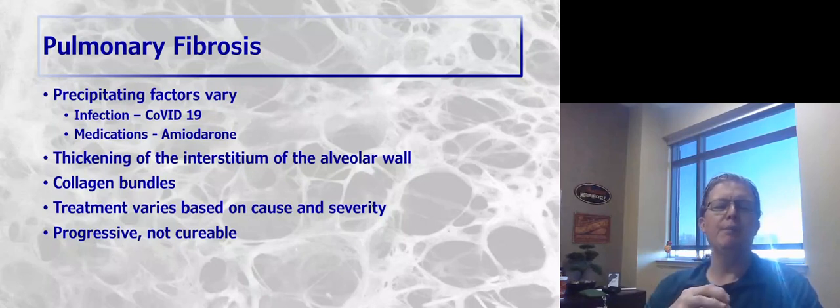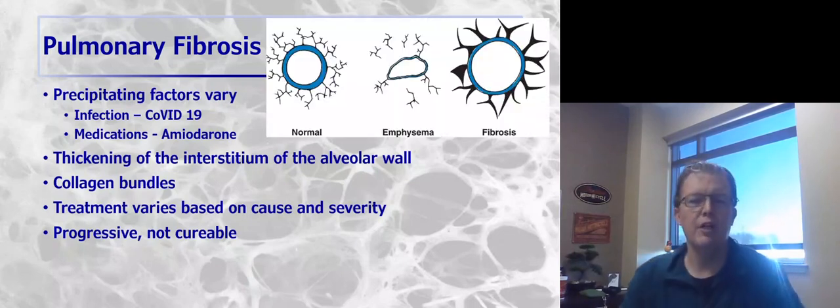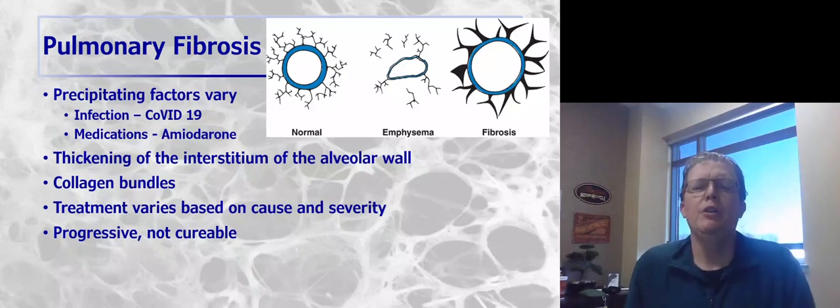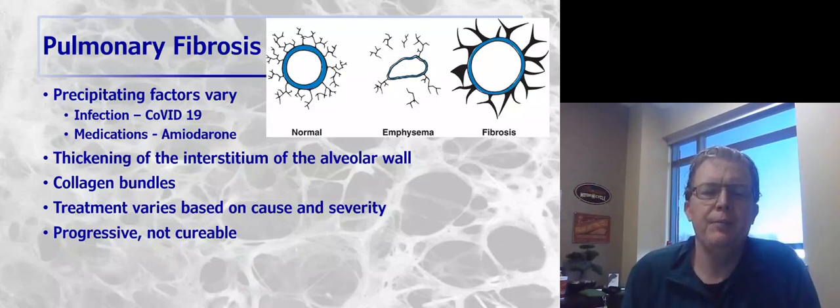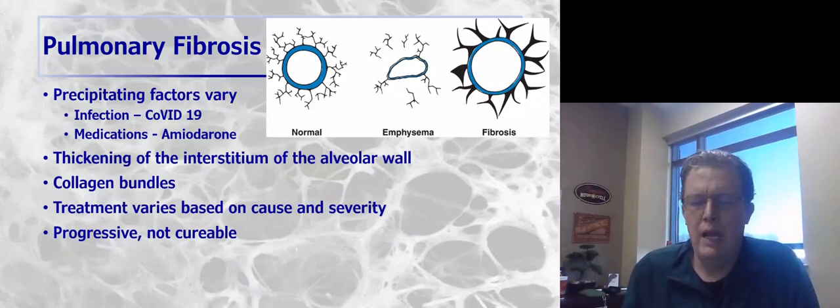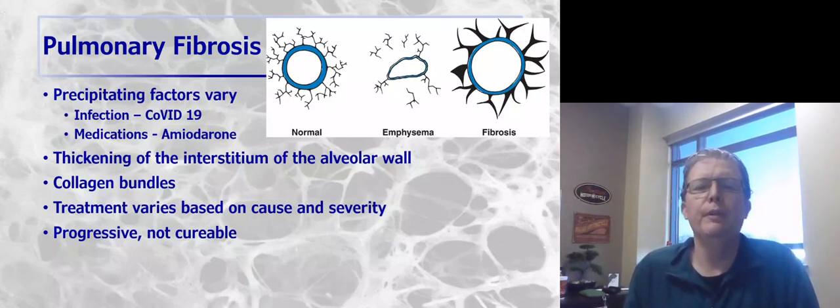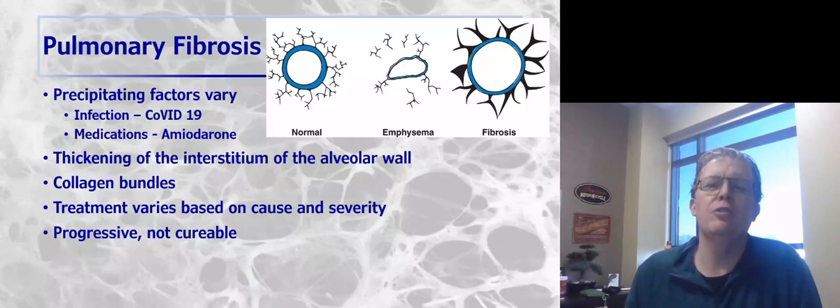And the treatment is going to vary here based on the cause and the severity, how we proceed. And it is a progressive condition and there's no cure. So this picture highlights back to the cartoon images I've shown you earlier. So you see here what depicts a normal alveolar structure that has the nice blue open lumen, and it has plenty of connective tissue around it, the little black fibers that are connected here.